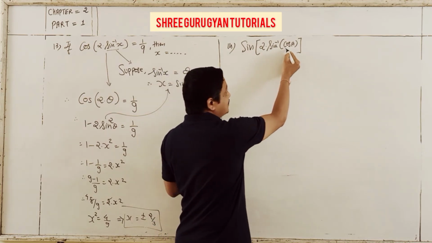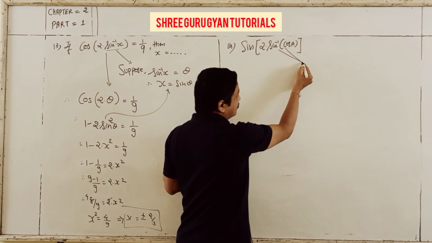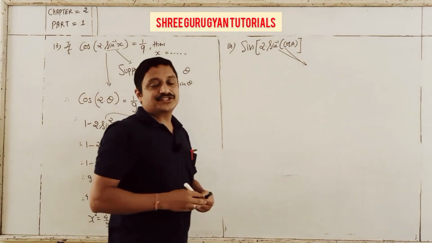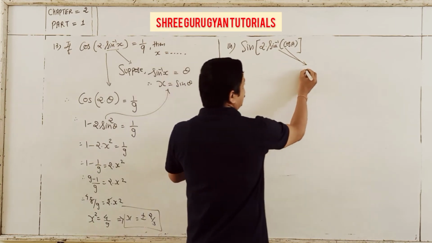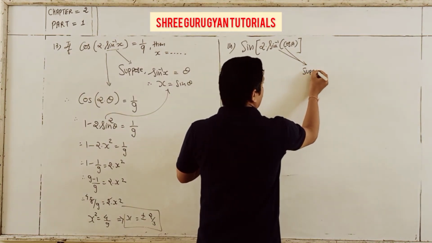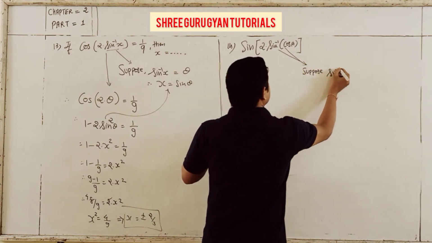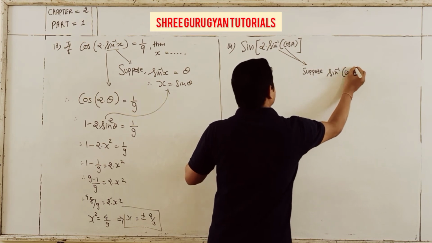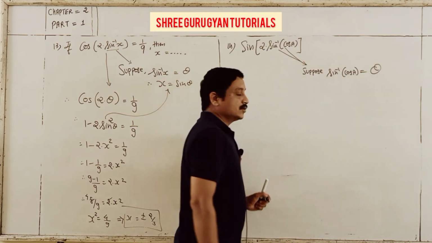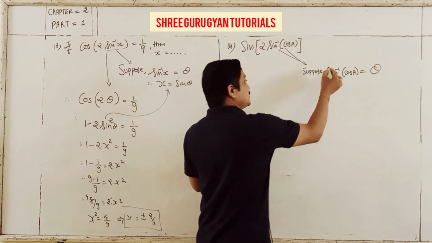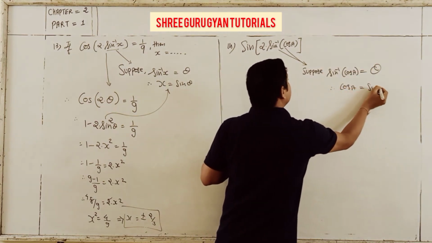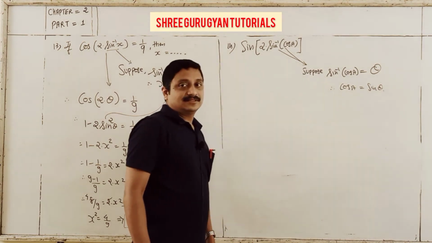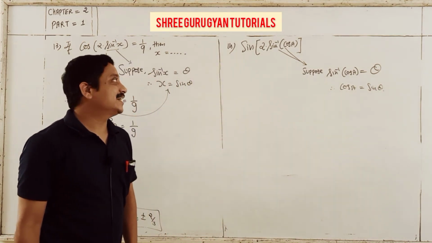I just suggest that first, for this term, the best way is to use an assumption. So suppose sine inverse cos A becomes theta. Then definitely, moving to the right side, cos A becomes sine theta. So it is confirmed that cos A is sine theta.